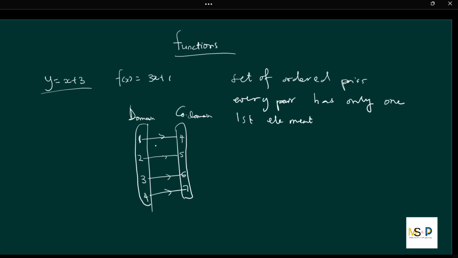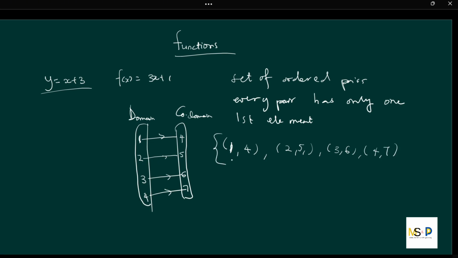So this relationship here is what you're going to call a function. And these pairs are 1, 4, 2, 5, 3, 6, and 4, 7.